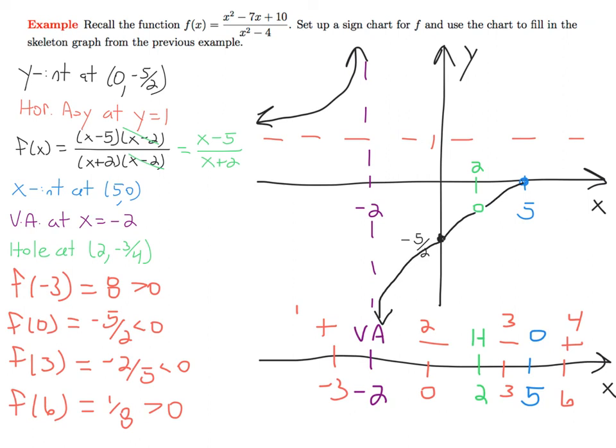And down here, the behavior is that it's going to keep going down to negative infinity as we get closer to the vertical asymptote on the right. And then lastly, for x values that are bigger than 5, we see that it's positive over here. So the graph continues and flattens out as it approaches the horizontal asymptote.